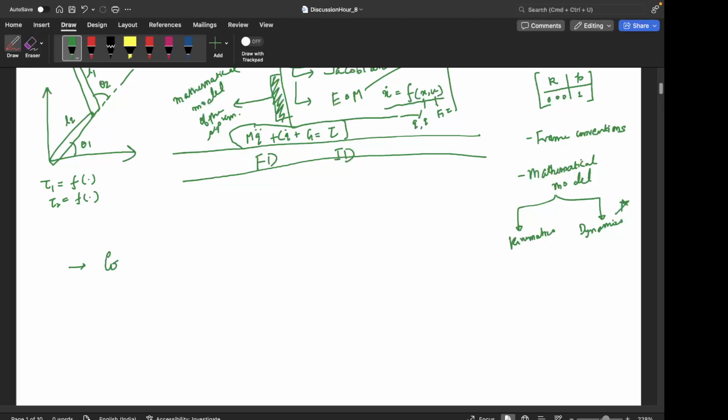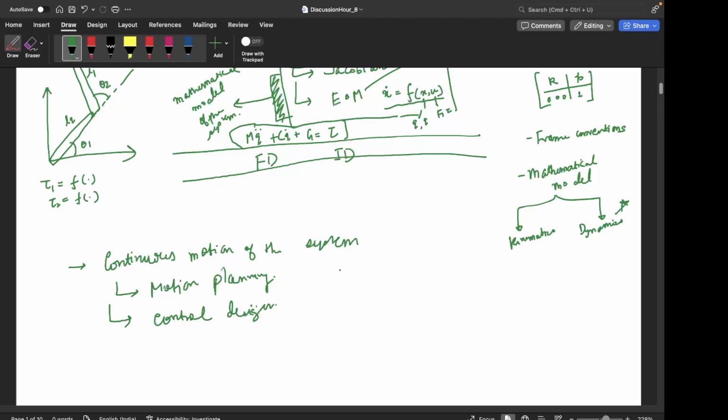So what we see now is continuous motion of the system, and that brings into the picture the concept of motion planning, and the very broad and deep field of control design. So motion planning and control design of manipulators is something which we'll be covering in this and the upcoming discussion hours.